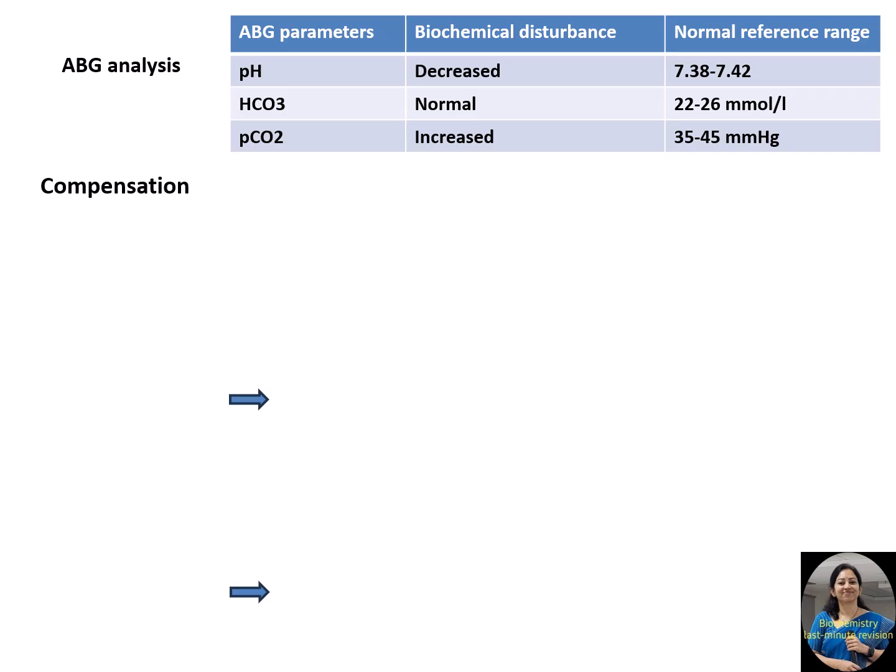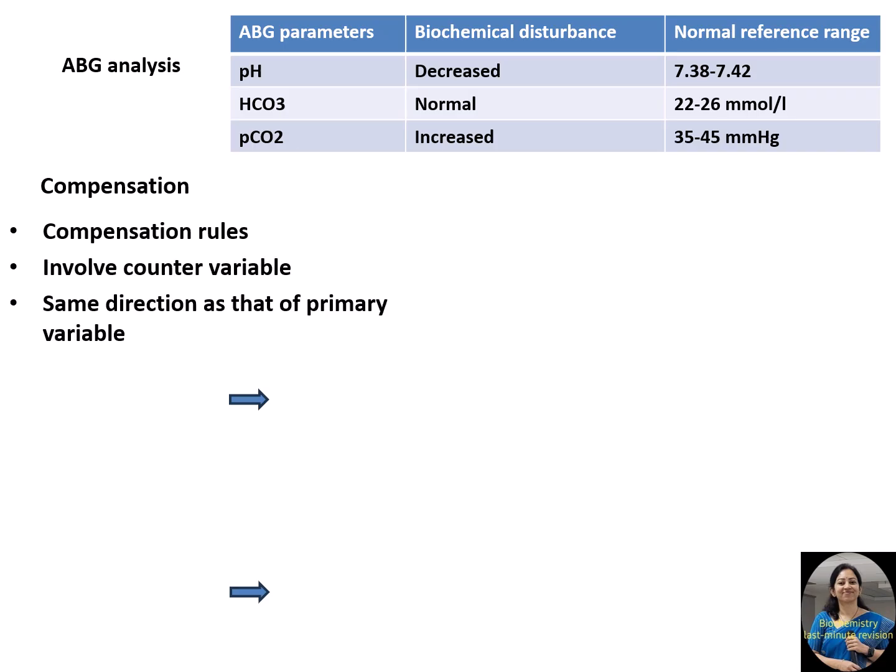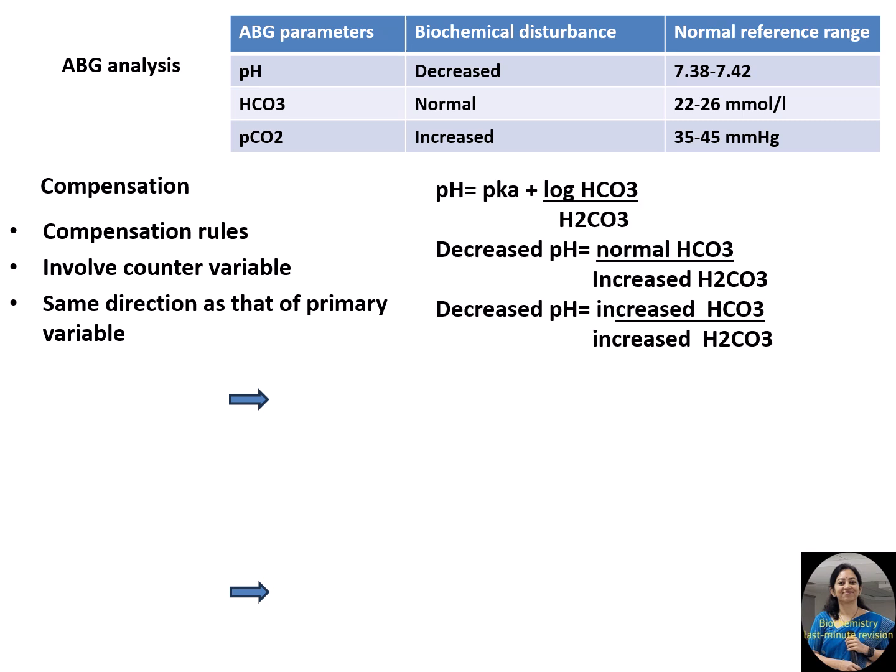Now, let's understand how this respiratory acidosis is compensated. Compensation rules include: compensation always involves a counter variable, but in the same direction as that of the primary variable. Consider this Henderson-Hasselbalch equation, which states that pH is equal to pK plus log of bicarbonate to carbonic acid concentration.